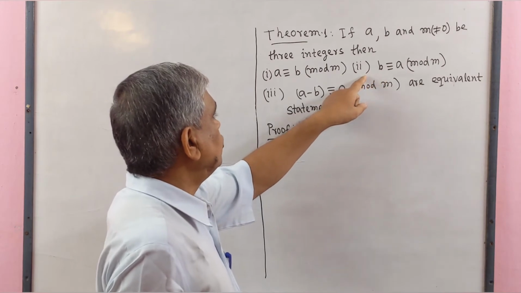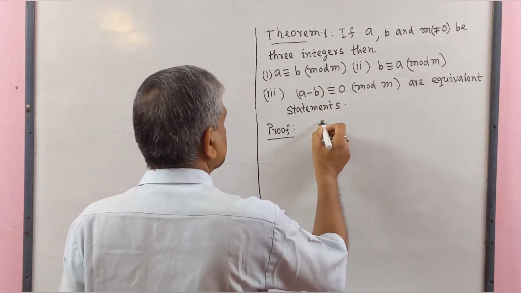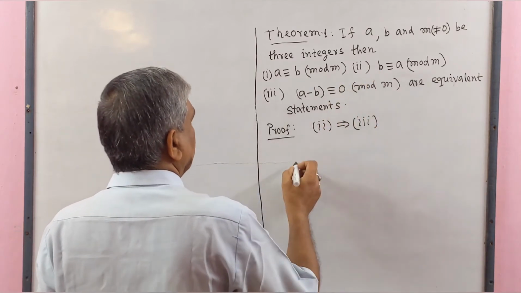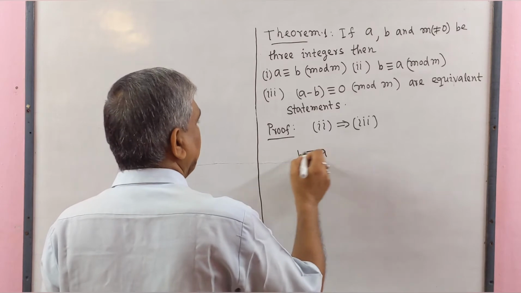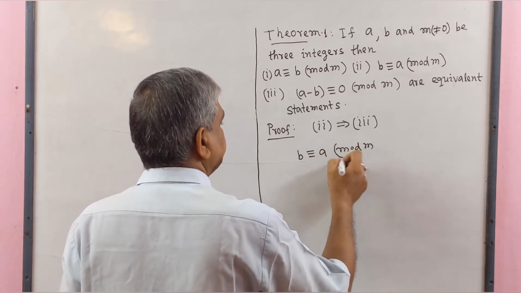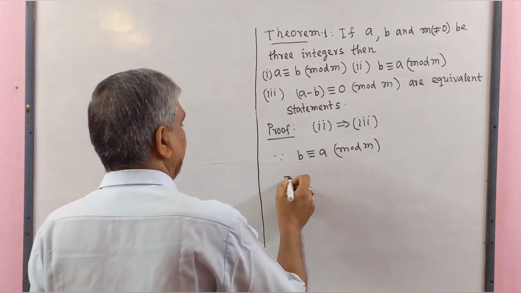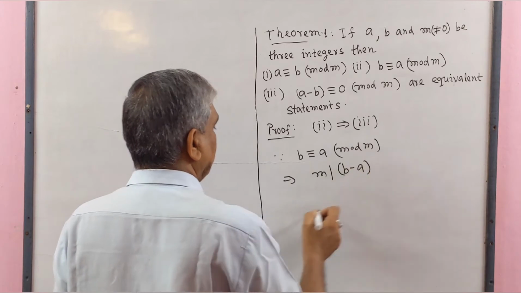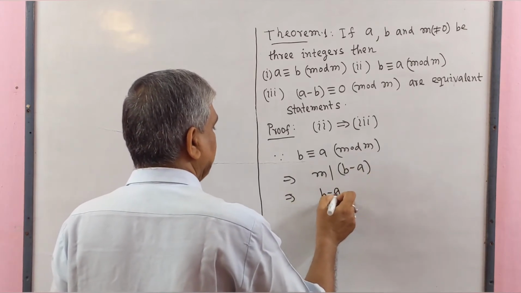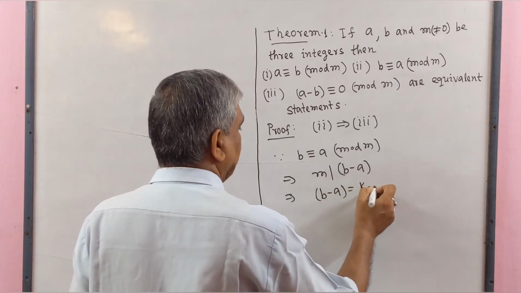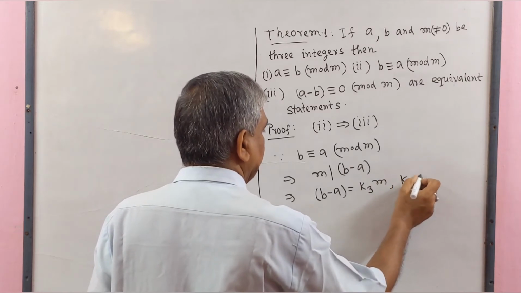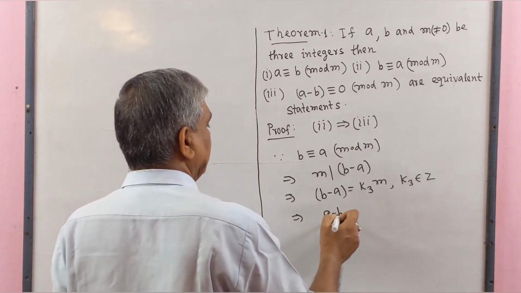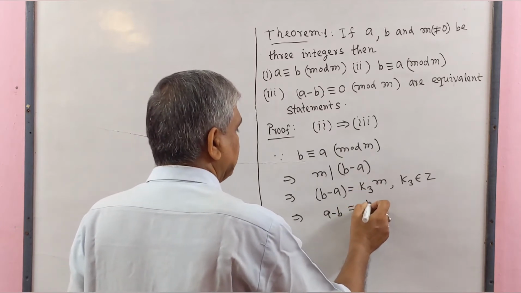Now to prove 2 implies 3. In 2, b is congruent to a modulo m, which implies that m divides b minus a, which implies that b minus a equals some integer k3 multiplied by m. Since k3 is an integer, this implies that a minus b equals minus k3 m.